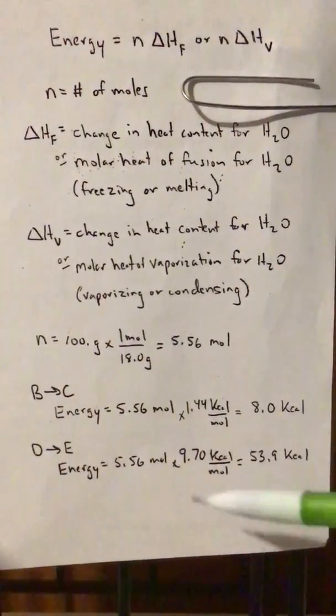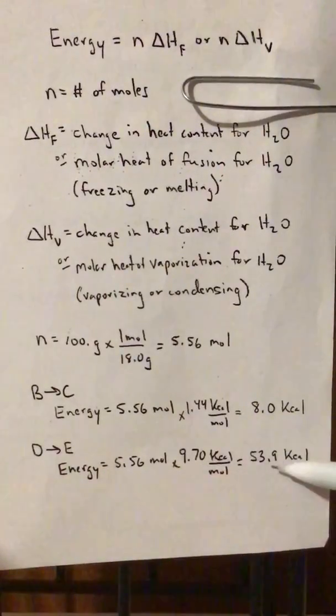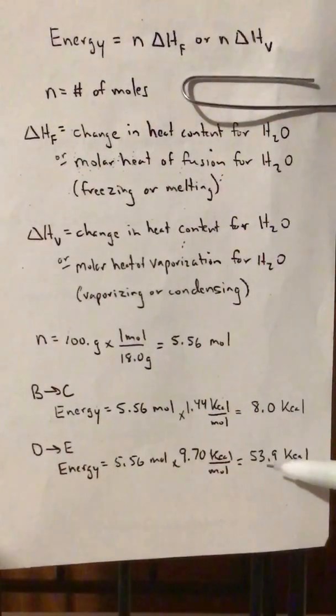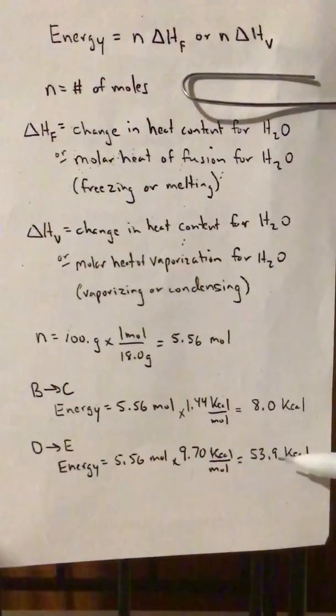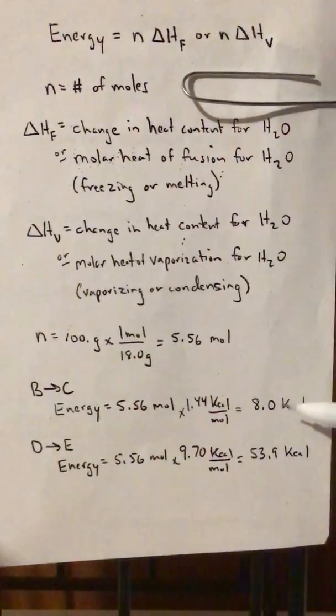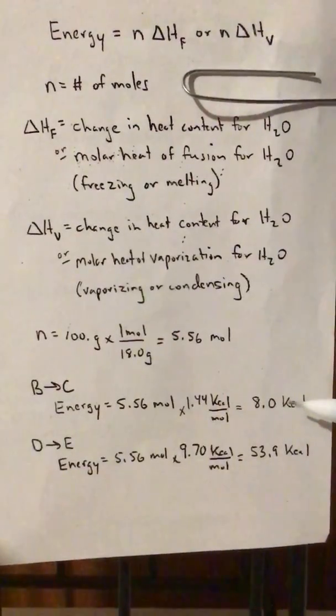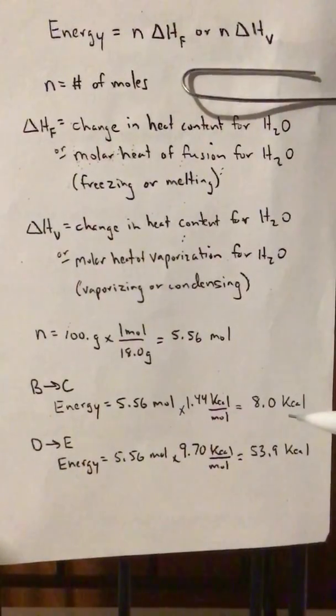For the other one, I plug in 9.70 kcals per mole, and I get 53.9 kcals. Notice the vaporization one is 6-7 times higher than the fusion one, because you have to completely separate the H2O molecules from each other, which takes more potential energy.